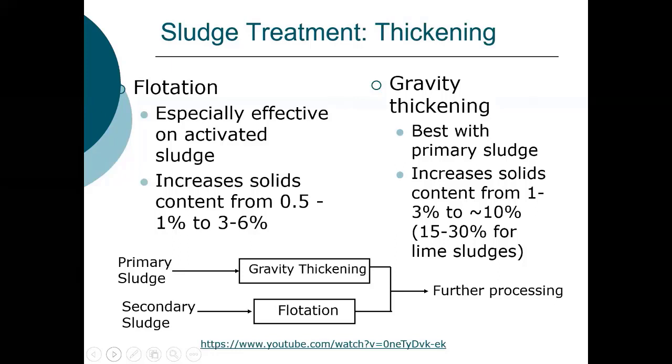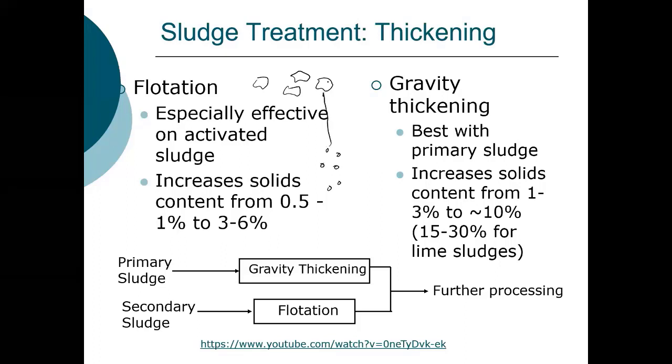So if we're looking at flotation, what we're trying to do with flotation is, remember, we have the sludge, and often that sludge or those solid particles are less dense than water. If they're less dense than water, it's very difficult for those particles to settle. We need a very long period of time. So what we do is we inject bubbles of air.